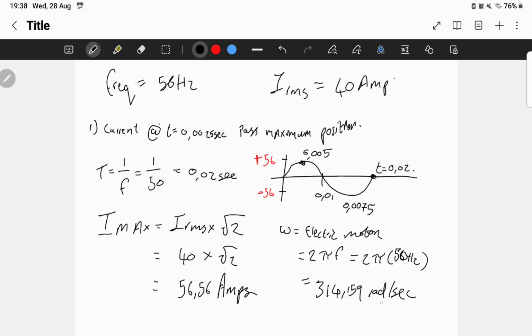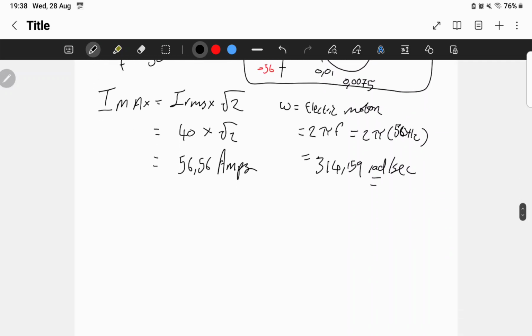We need to get this equation before we can substitute the time in.